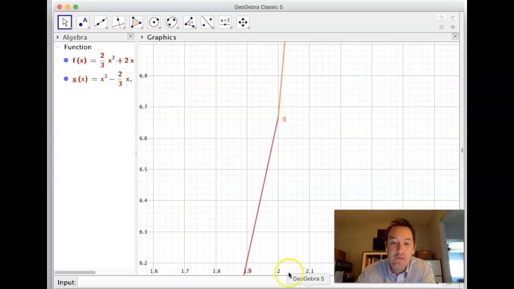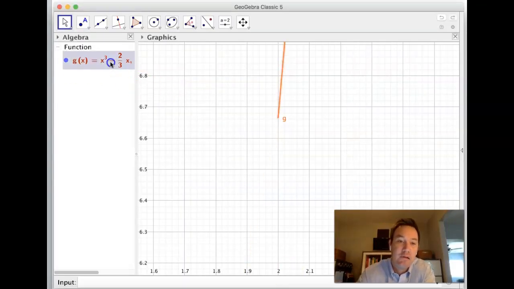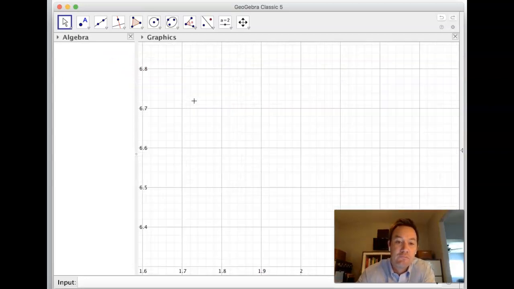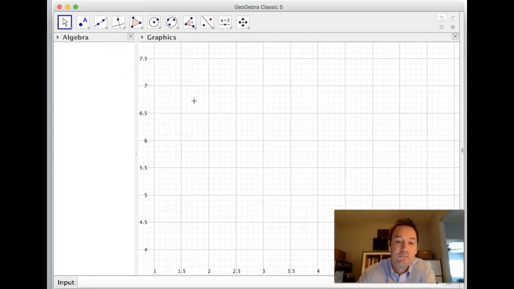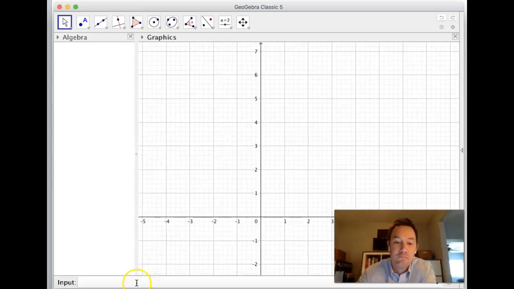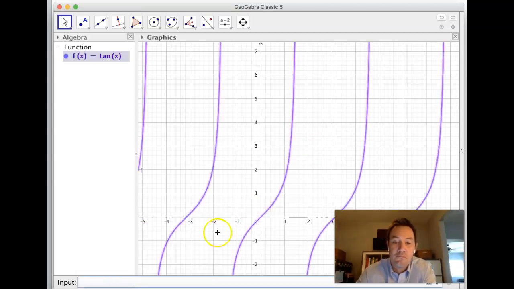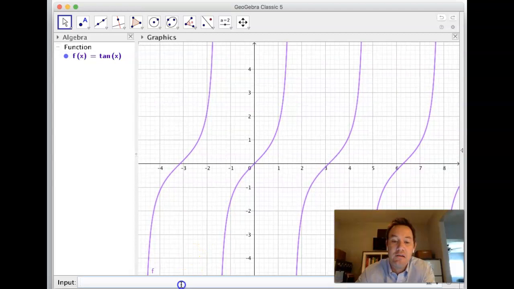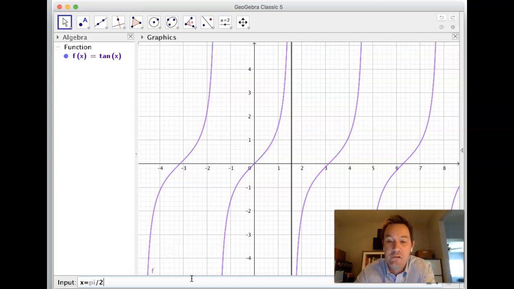So let's get a visual of this. So there's my tangent graph, and I said, okay, x equals pi over 2. Good, so you can see that that's a vertical asymptote. X equals 3 pi over 2.